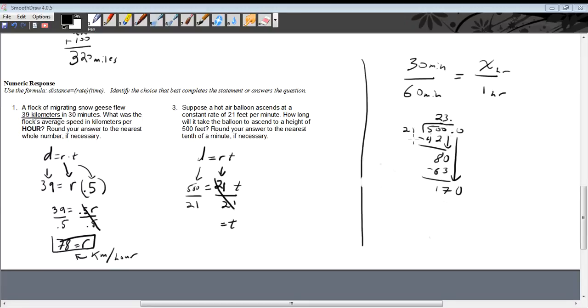And 21 goes into 80, I believe, 3 times. That's 63 minus 17. Bring down the 0. And 21 goes into 170, let's see, 7 times? 7 times 1 is 7. 7 times 20 is 140. 147. Oh, so it goes in 8 times. I'm sorry. Hold on. It's hard on a computer.